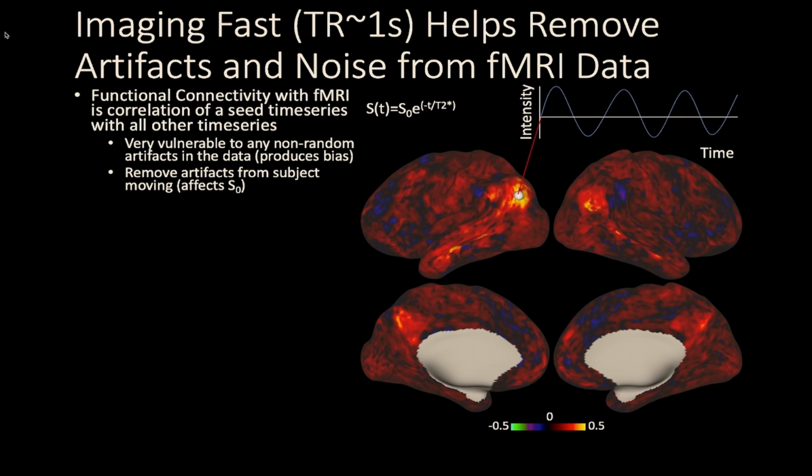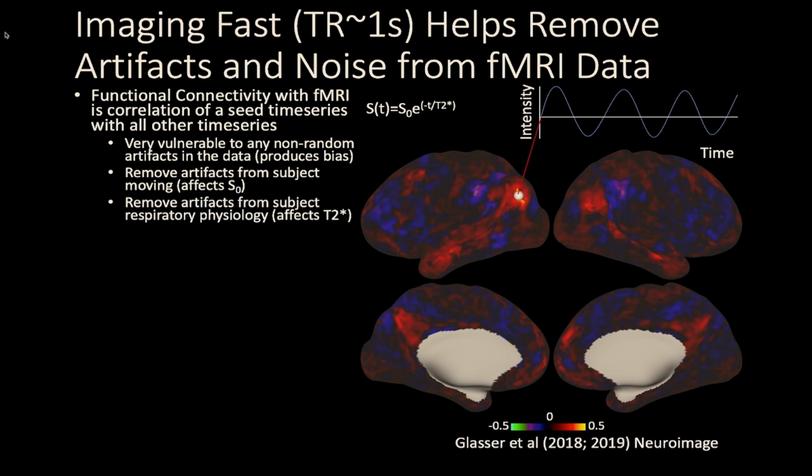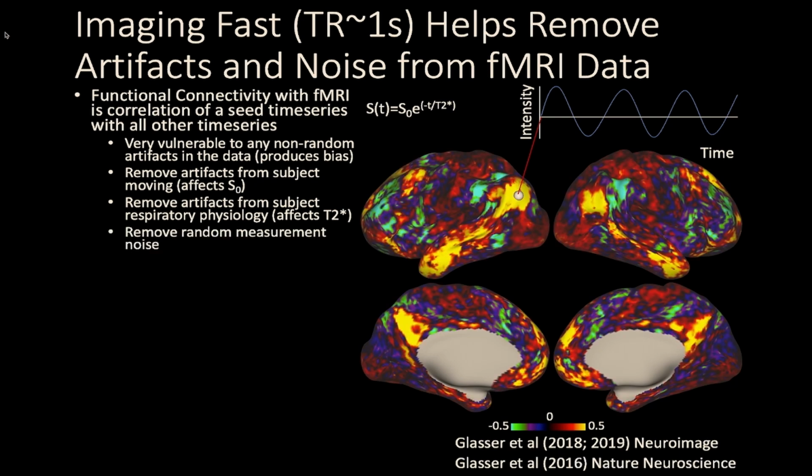There's more reds in the image than blues. If we remove the effects of the subject's respiration, we start to get a much more functionally specific network. We can see a default mode network here. And then if we remove random measurement noise without spatially or temporally smoothing the image, we get a nice map of the default mode here.